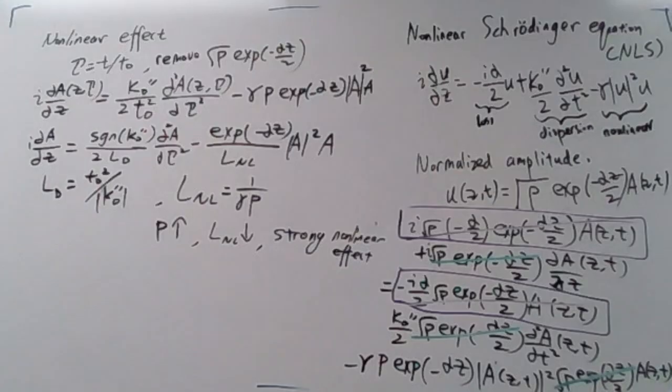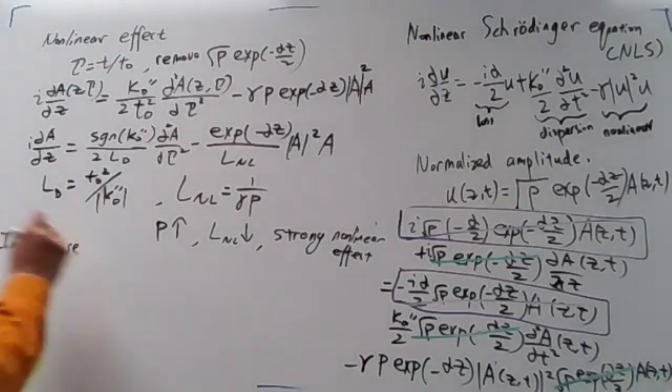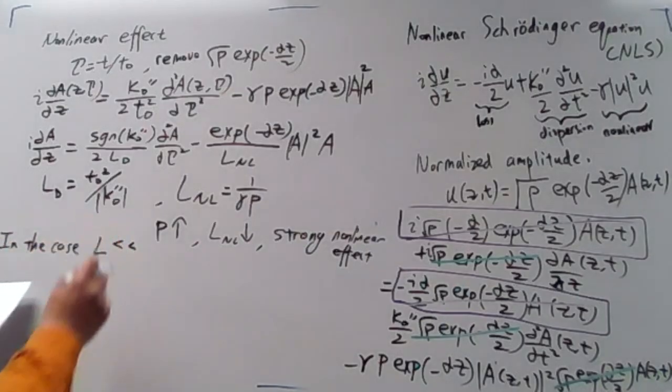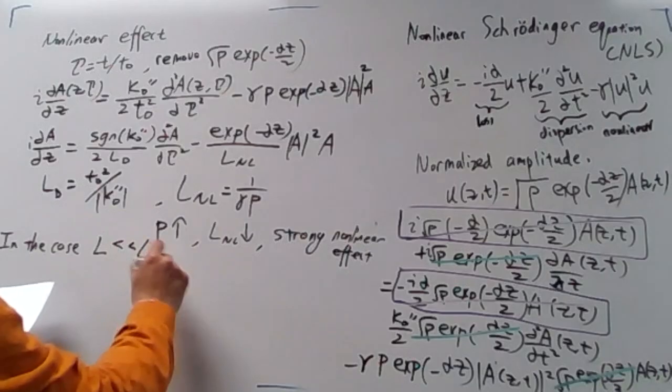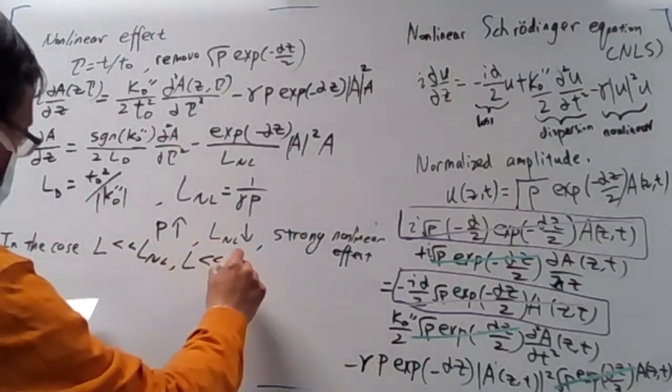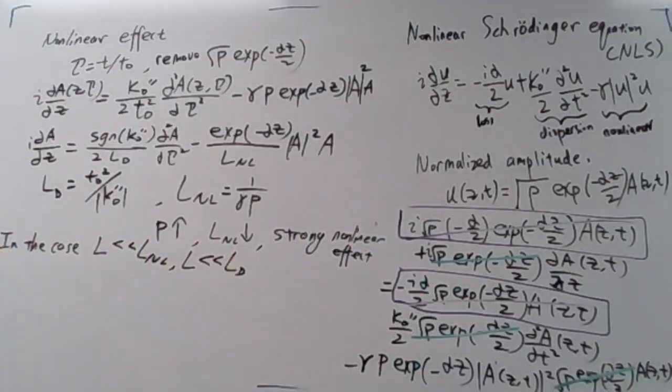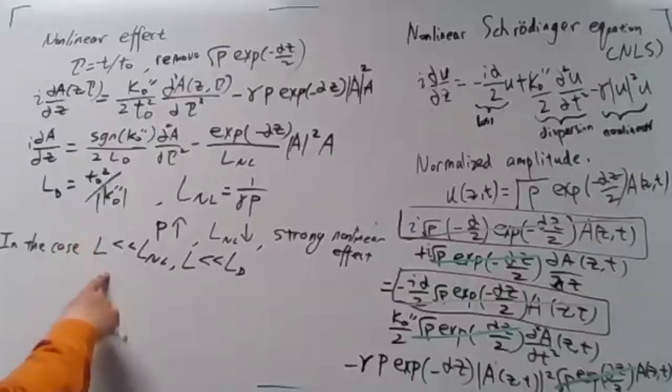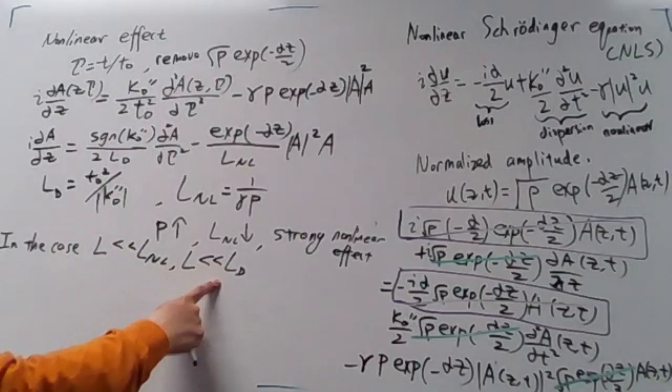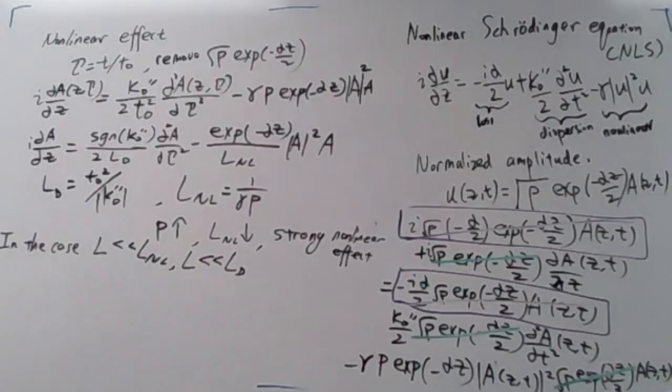Okay, so now we have a different scenario. In the case where L is much less than the nonlinear length, and L is much less than the dispersion length, how would dispersion and nonlinearity play a role here?